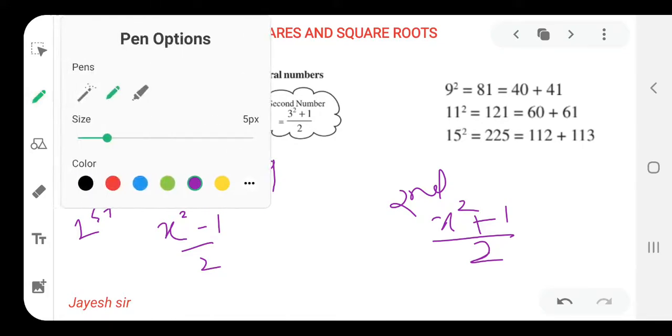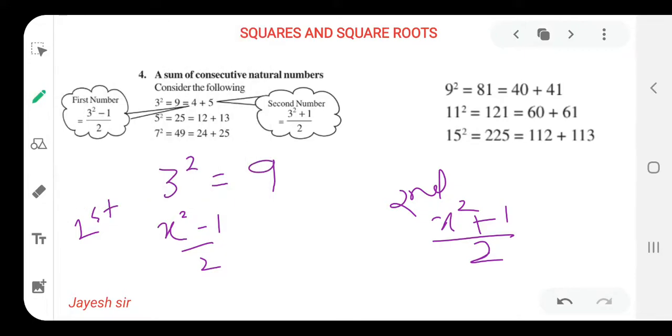Now we'll put the value of x. Here the value of x is 3 because we want to find the square of 3. So 3 square minus 1 by 2, that means 9 minus 1 by 2, that is 8 by 2, which gives 4.